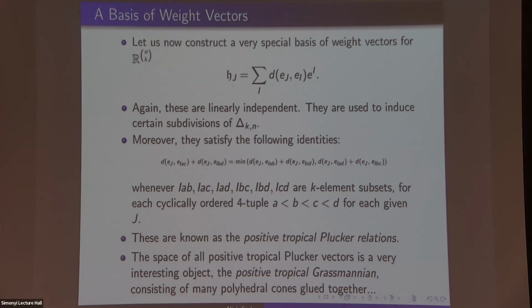So the space of all elements of R to the n choose k that satisfy these relations is a very rich, very interesting object called the positive tropical Grassmannian. It's a polyhedral fan consisting of realizable tropical Plücker vectors.